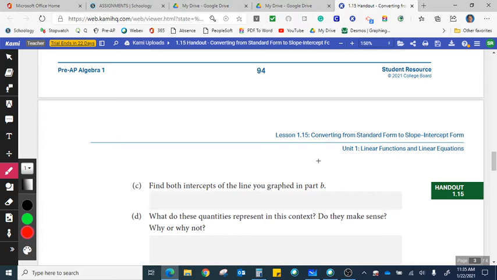I could write down here G-intercept equals 27.5. My S-intercept equals 55.